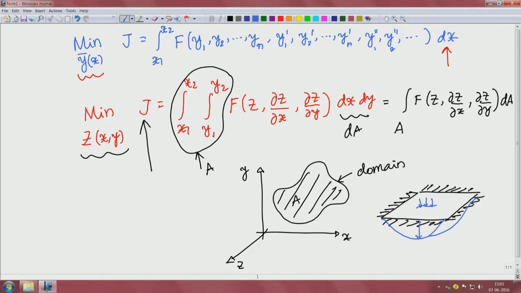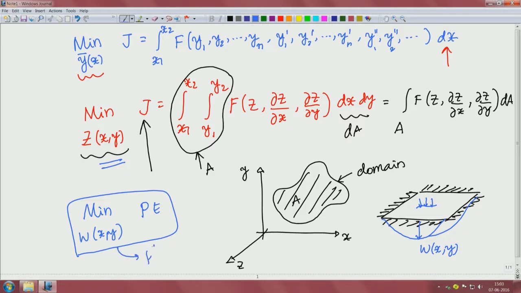This deformation is W, which is a function of x and y. For a beam it is only x. For W as a function of x and y, that is a 2D problem. Here also the plate will be minimizing its potential energy. So, we can write: minimize with respect to W, which is a function of x and y, the potential energy. If I solve this, I should get the plate equation.